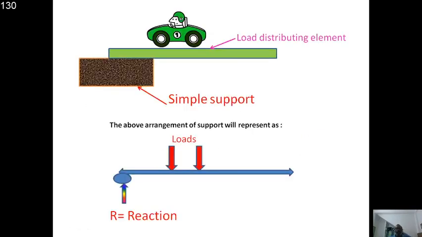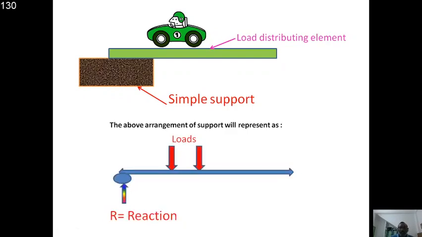So in the simple support, we saw how it gives resistance to the action of loads as a reaction in only one direction, that is perpendicular to the loads. It offers only one resistance, and we also calculated the reactions in the simple support cases.